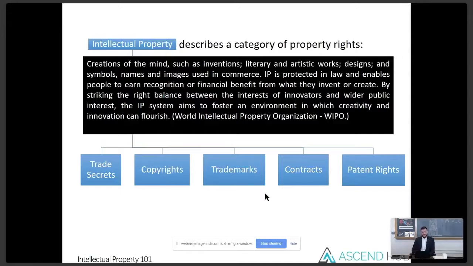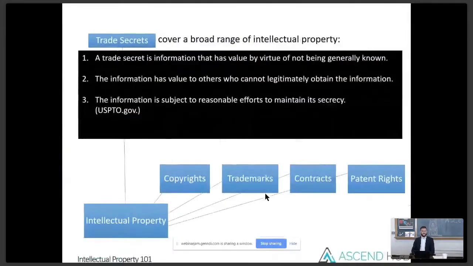And I especially like the last sentence here. The IP system aims to foster an environment in which creativity and innovation can flourish. Again, intellectual property sits at the tripartite mission of allowing us to research and educate and allowing other third parties to utilize those outputs.